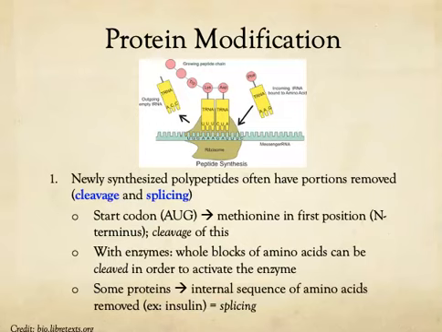They're going to have regions in the internal area of the polypeptide removed. A good example of a polypeptide that gets spliced is the one that will become the protein called insulin. Large areas of amino acids in the internal region of the insulin polypeptide are going to be removed as insulin gets processed.